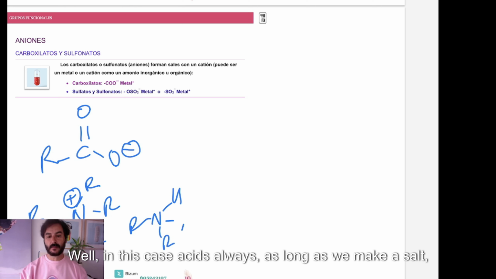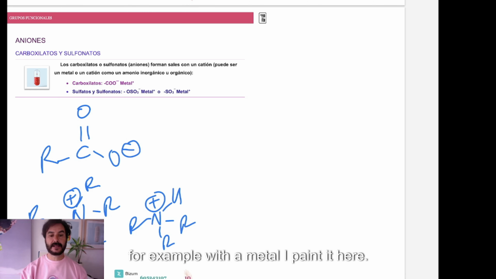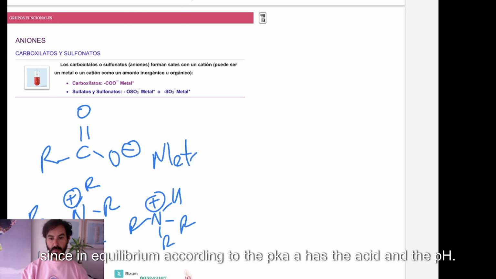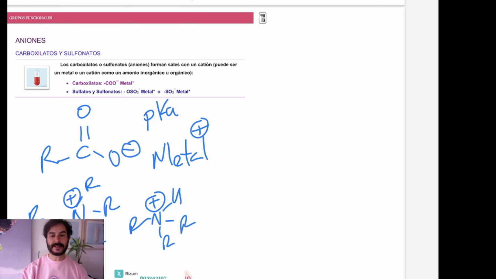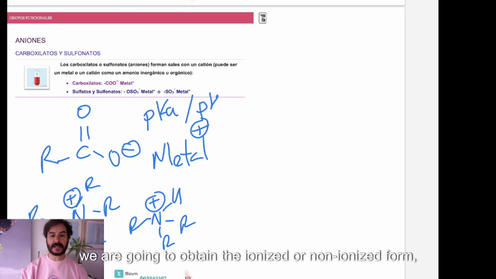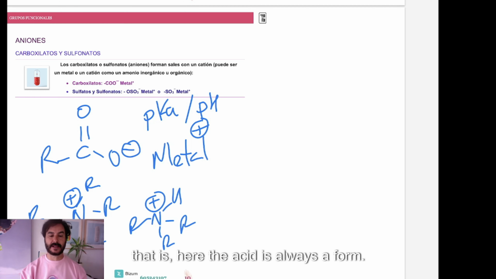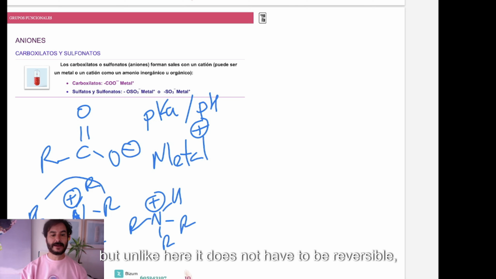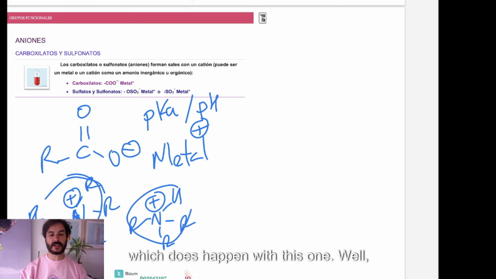Well, in this case, with acids, as long as we make a salt, for example, with a metal, I painted here a positive charge, well, in equilibrium according to the pKa and the pH, we are going to obtain the ionized or non-ionized form. That is, a salt is a reversible form of an acid, unlike here, where it does not have to be reversible, which does happen with this one.